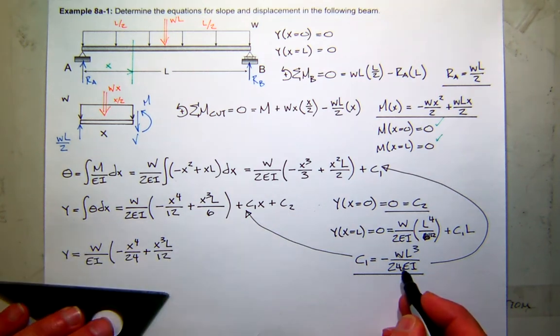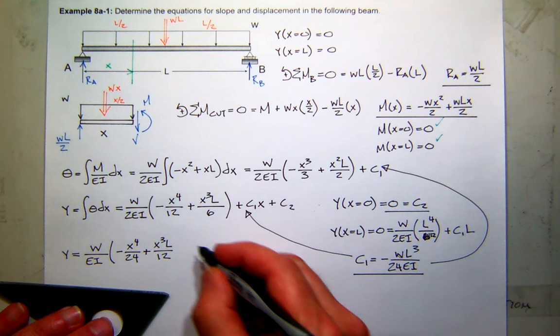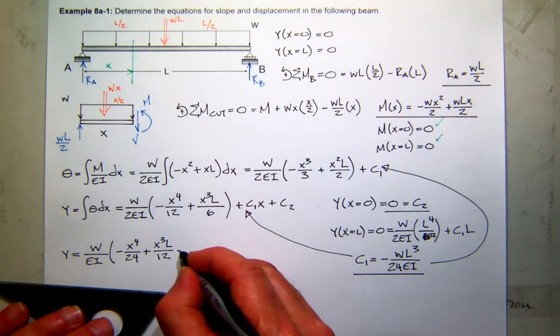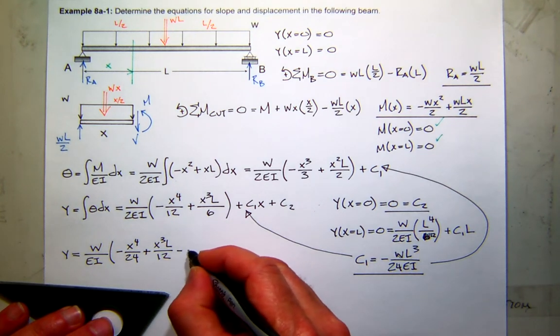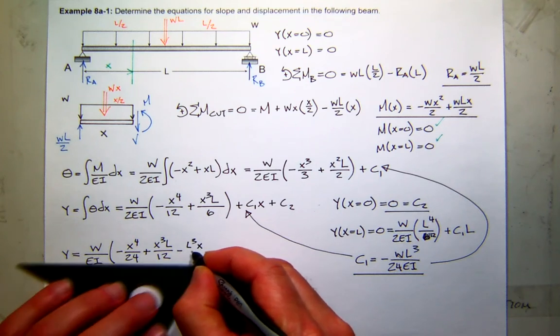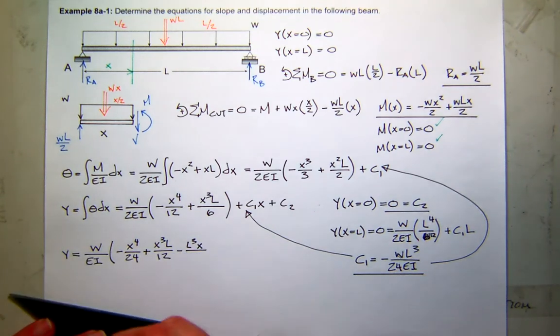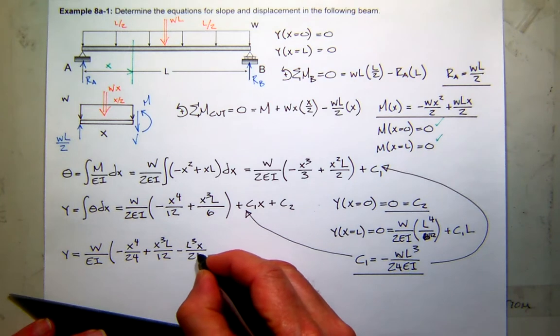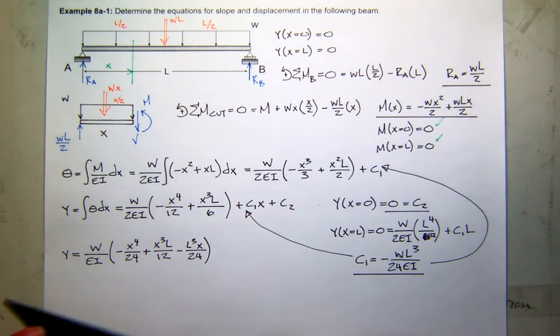And then now I can plug this guy in. The W comes out, and I've got x L cubed x over 24. You guys see that?